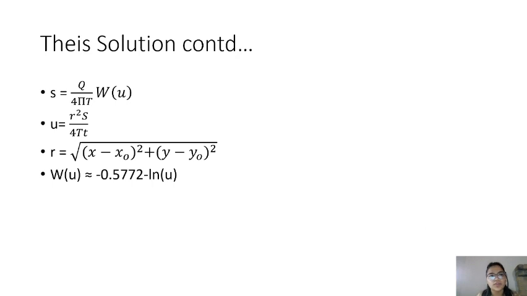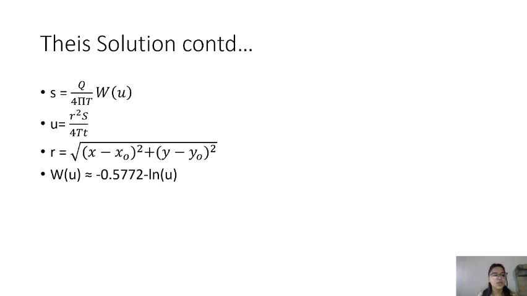The formula for this solution is given like this, where s is the drawdown in feet, Q is our pumping rate, T is the transmissivity, which is a measure of the ability of the aquifer to transfer water and how well water can move through the aquifer. It's in gallons per day per foot.